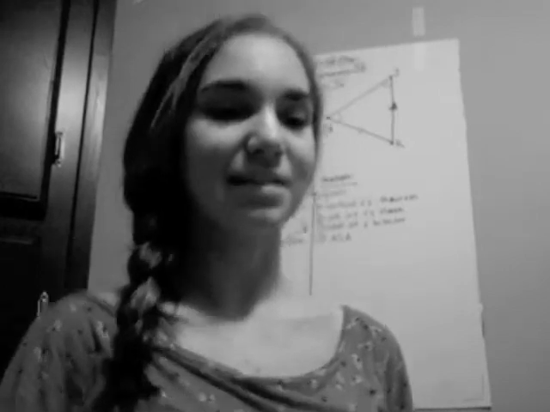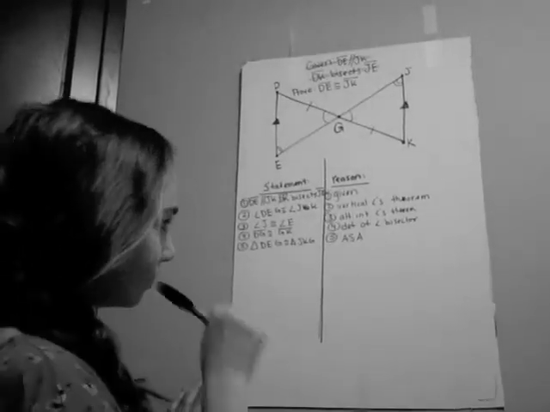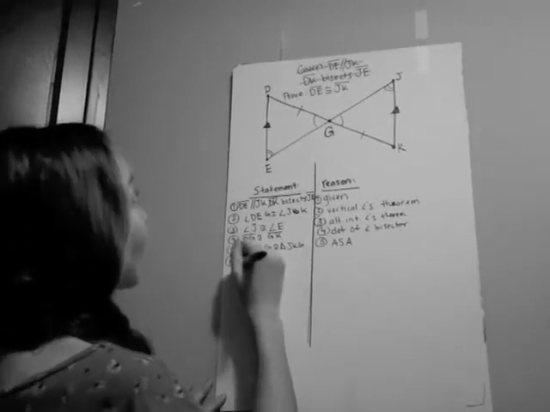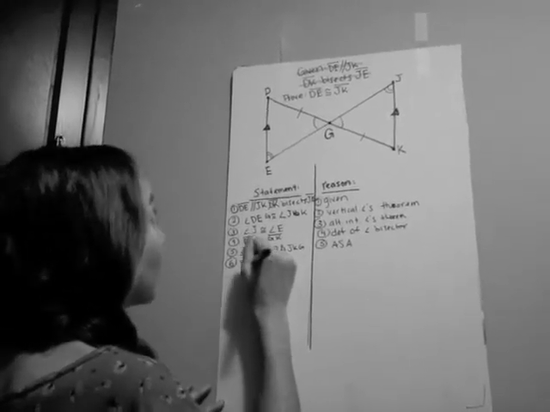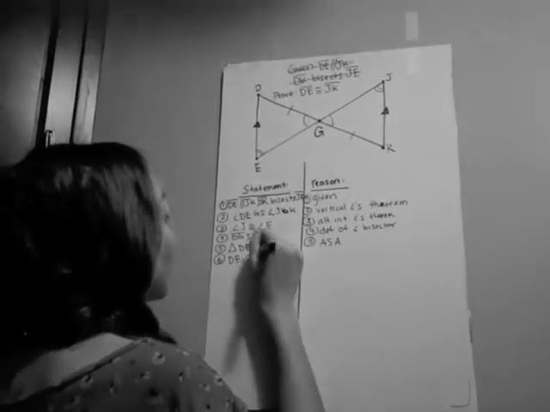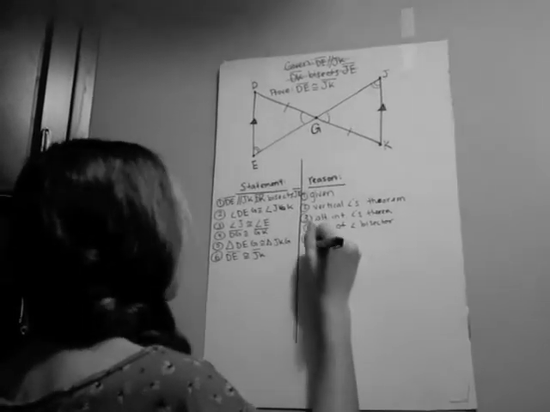Okay, ASA, SAS, SSS, and AAS. And then you could say that for the last step, DE is congruent to JK by CPCTC.